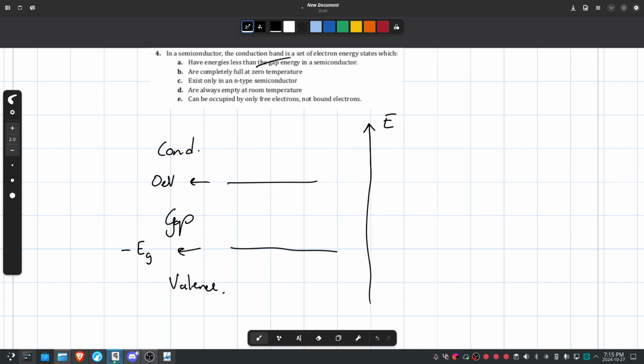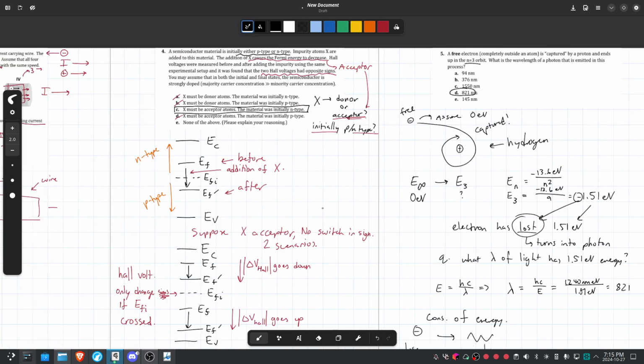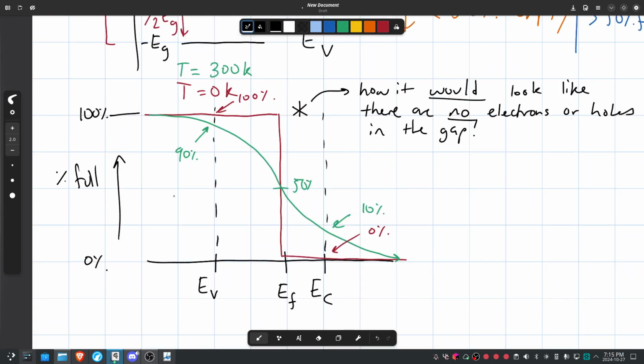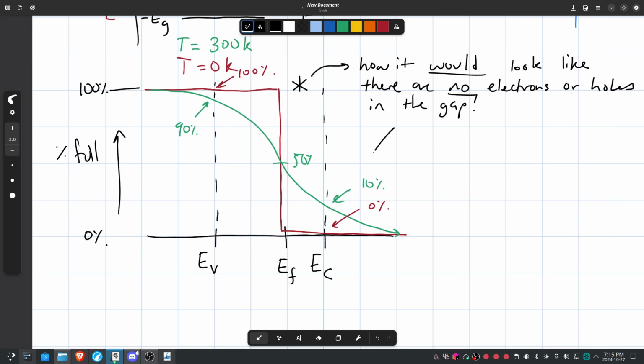Option B: are completely full at 0 temperature. No. You remember back in the frontier, at 0 temperature, the conduction band is going to be completely empty unless the Fermi energy is somehow above the conduction band, which as far as I'm aware it isn't.